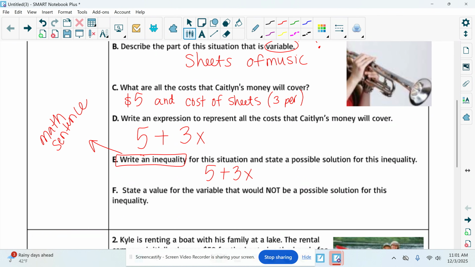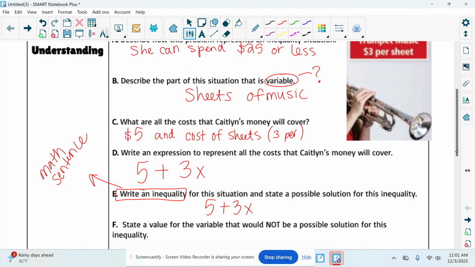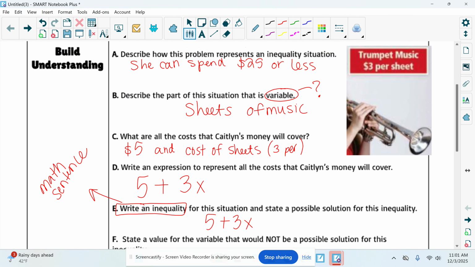What inequality symbol, because we said it has to be an inequality, what inequality symbol is going to represent spending $25 or less? Less than or equal to 25. Okay.